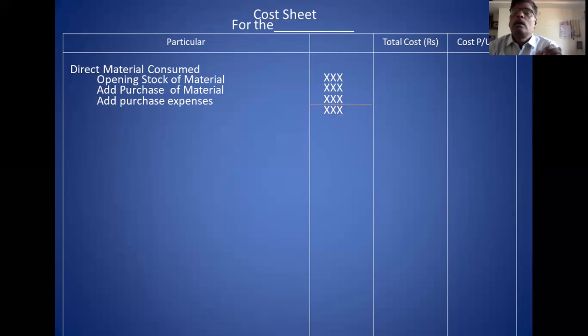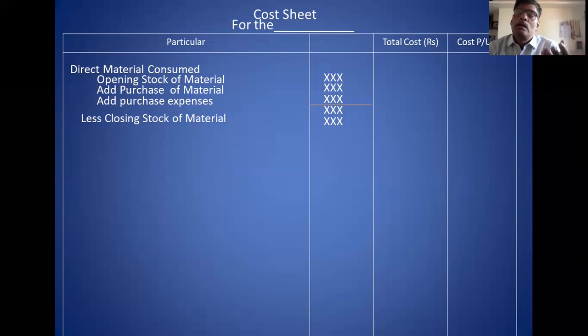Out of this total, you deduct the material not used. That is closing stock of raw material, material returned to store, material destroyed, material transferred. You consider 4 aspects. These 4 items you have to deduct. One is closing stock of material. Second is material destroyed.